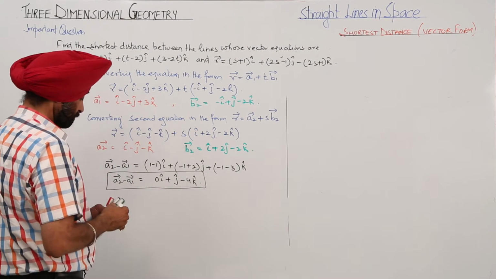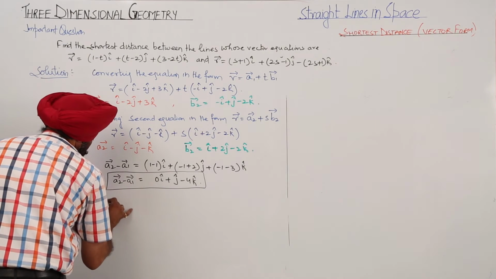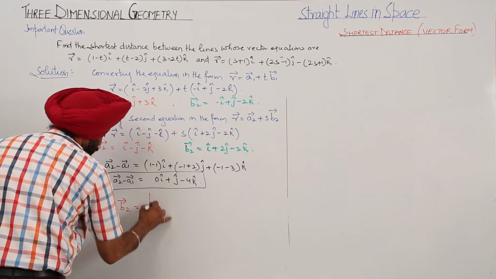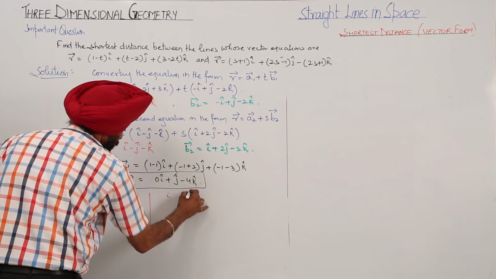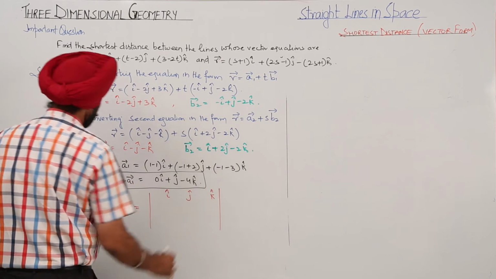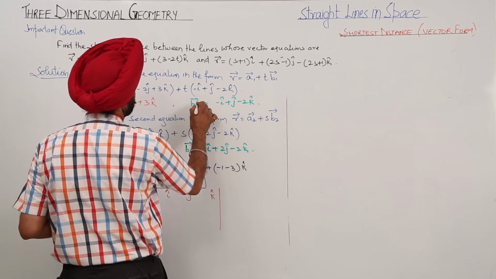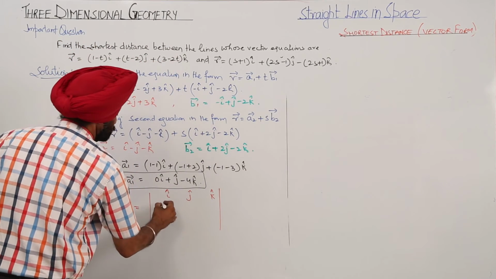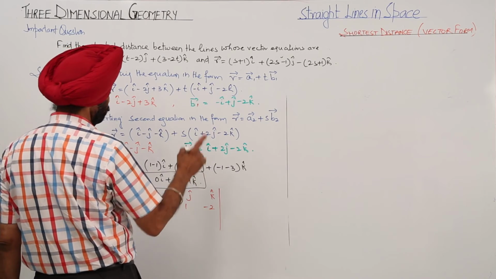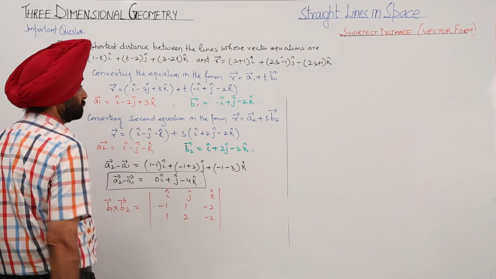One thing. Now vector b1, vector b2 and its cross product. So we are having i cap, j cap, k cap with b1, which is minus 1, 1, minus 2, and b2, 1, 2, minus 2.